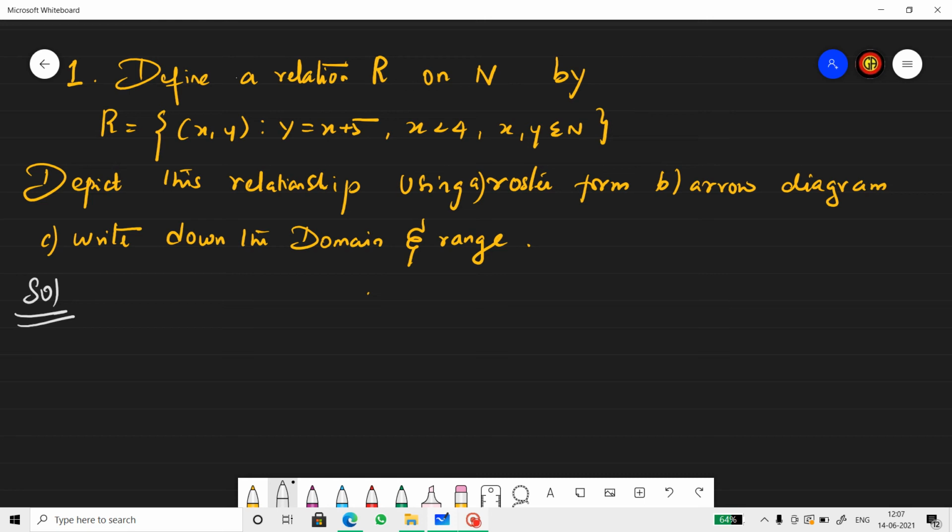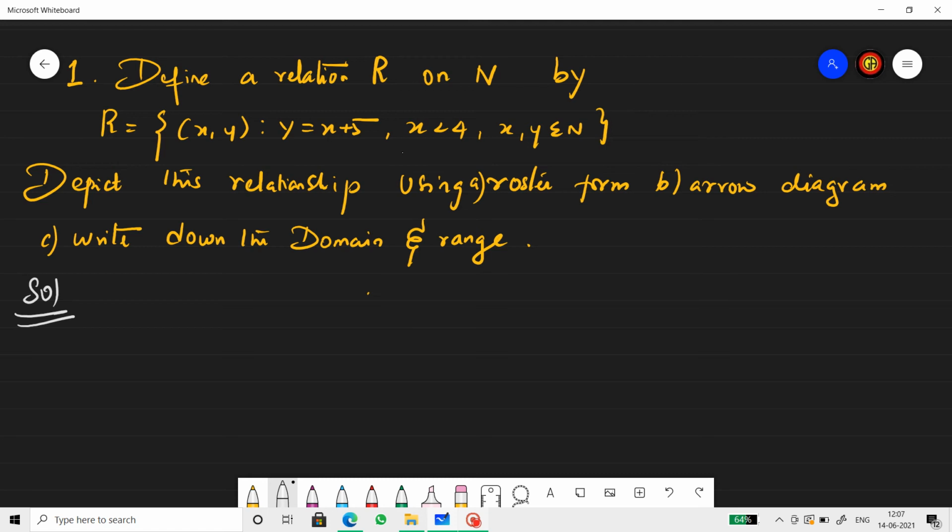Define a relation R on N given by R = {(x, y) : y = x + 5, x < 4, x, y belongs to N}, which is all natural numbers. Now, this way of representing the relation is the set builder form. You all are aware of that. Depict the relationship using roster form, arrow diagram, and write down the domain and range.